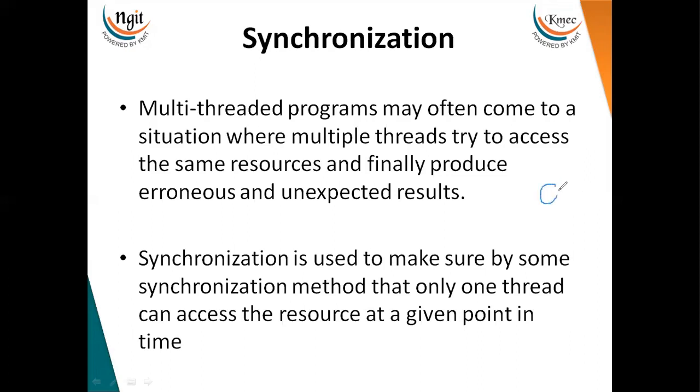Let's say the T1 thread is accessing this resource, and at the same point of time, the T2 thread is trying to modify the value in that particular resource. Then we will get either an error or an unexpected result. This is the problem with multiple threads trying to access a shared resource simultaneously, right?